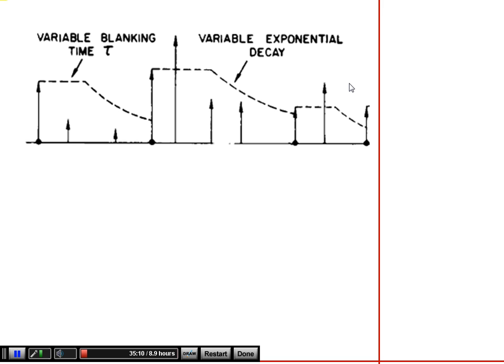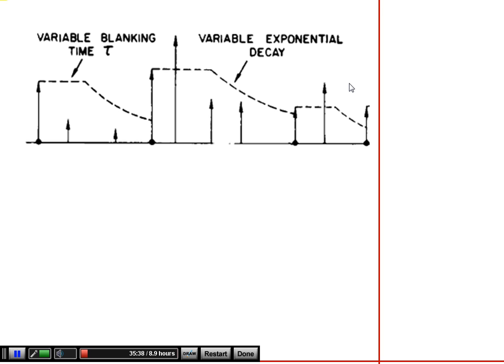At exactly this point, there is an amplitude here. What does the algorithm tell us? That you will start decaying, but if the amplitude is above, you start with it. You go with the big one. It will not decay, it will just go up. Because the algorithm says I will stop looking at values for tau time, which is the blanking.